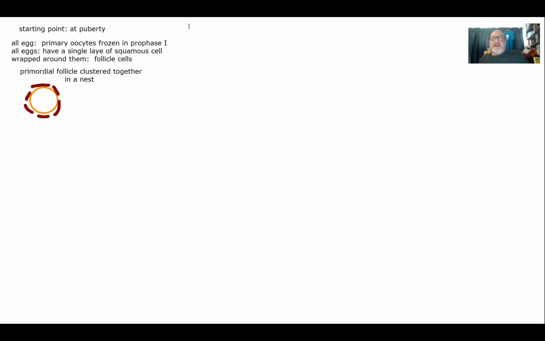Then what happens next is at puberty, we get an increase in our follicle stimulating hormone. This follicle stimulating hormone stimulates the follicular cells, and they mature into a single layer of cuboidal cells that we now call granulosa cells.